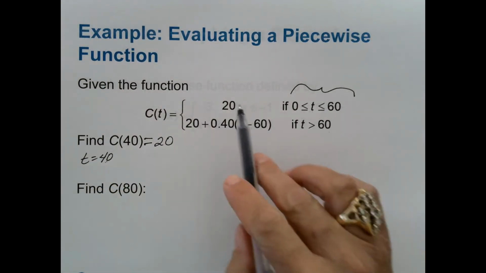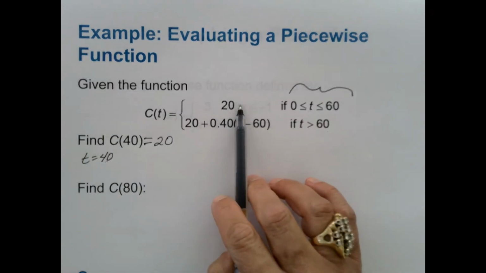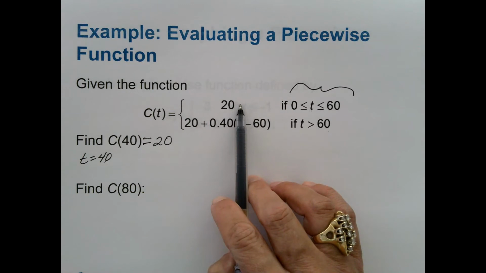For 0 to 60, it's a constant function. It's 20 no matter what t value you plug in. If I were to plug in 5, I'm going to get out 20. If I were to plug in 47.35, I'm still going to get out 20 because there's nothing done to t here in this example. Okay.